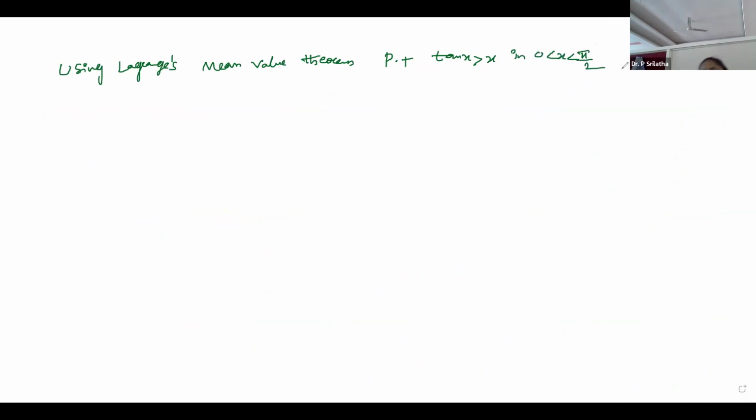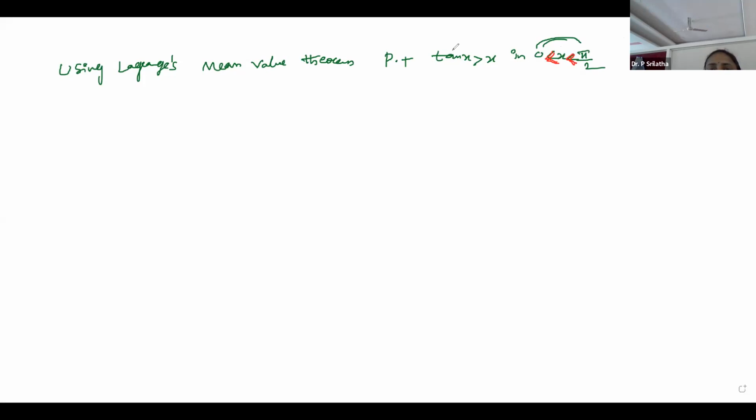What is tan pi by 2? It is not defined, which means it is infinity. That's why they are not giving the pi by 2 value. Here the limits are 0 less than x less than pi by 2 only.